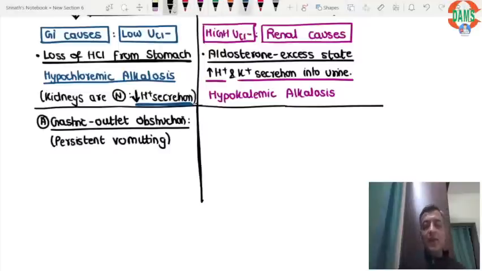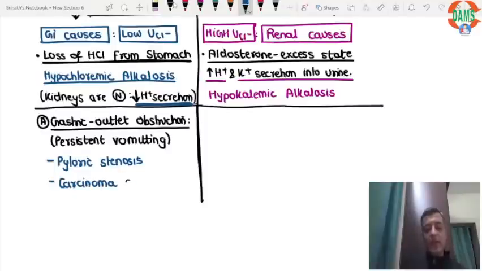Depending on the age, in children we will suspect pyloric stenosis, and in the elderly we suspect carcinoma stomach. Number B, when the patient is having continuous Ryle's tube drainage.